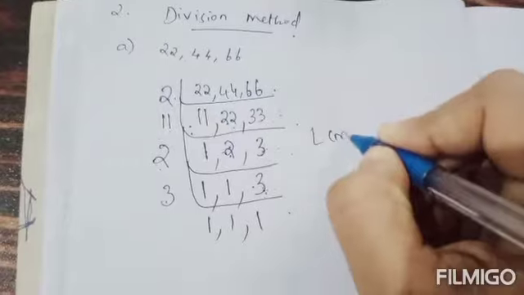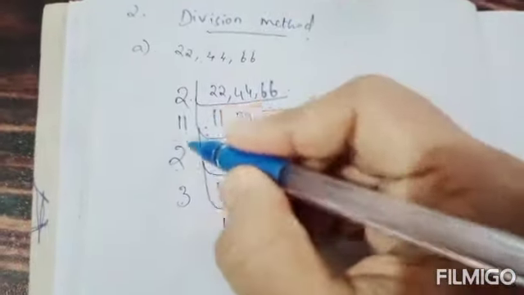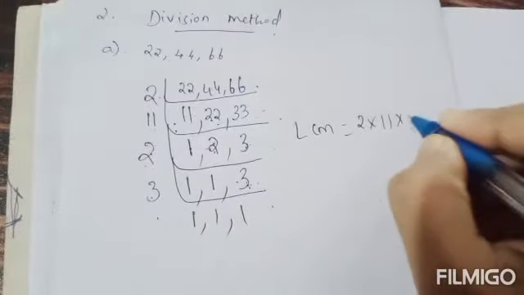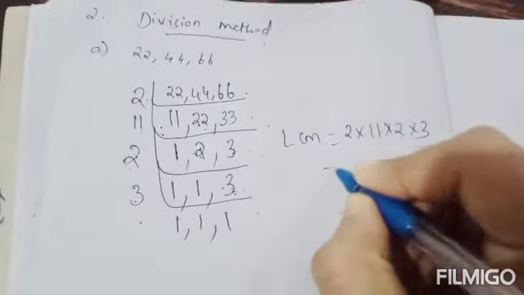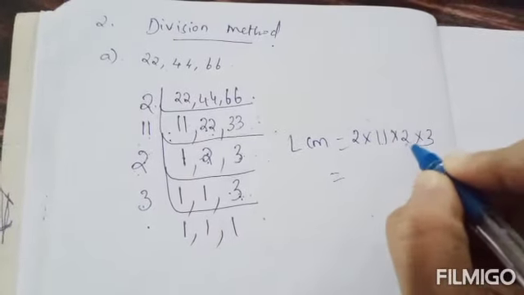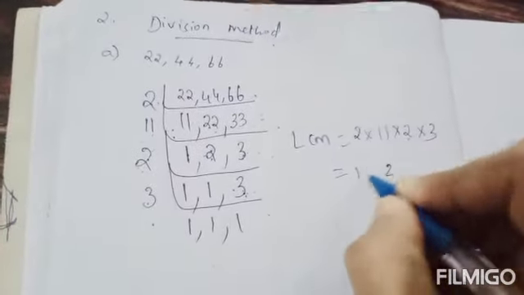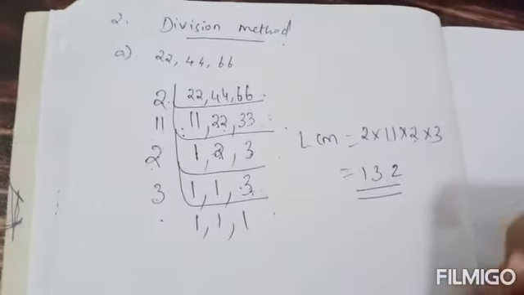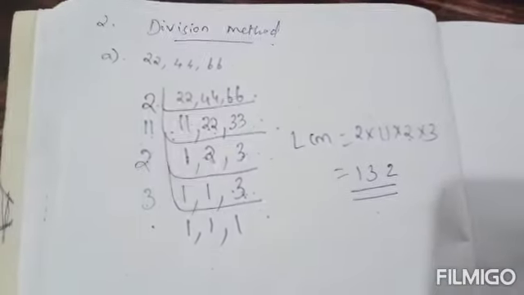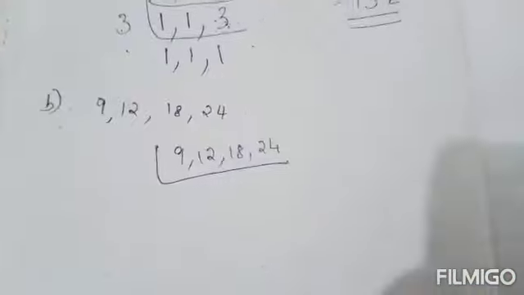Now the LCM will be 2 into 11 into 2 into 3. 2 into 11, 22, 22 into 2, 44, 44 into 3, it is 132. This is the LCM of the given numbers 22, 44 and 66.